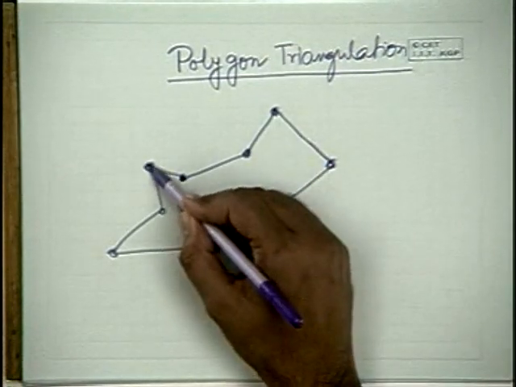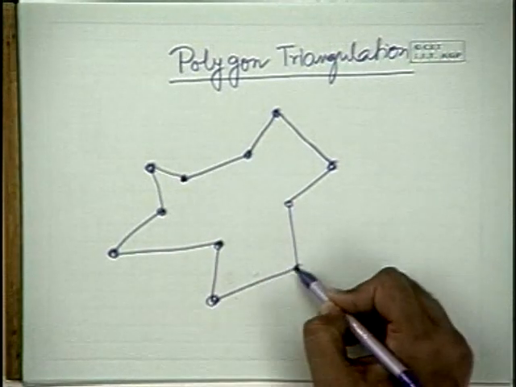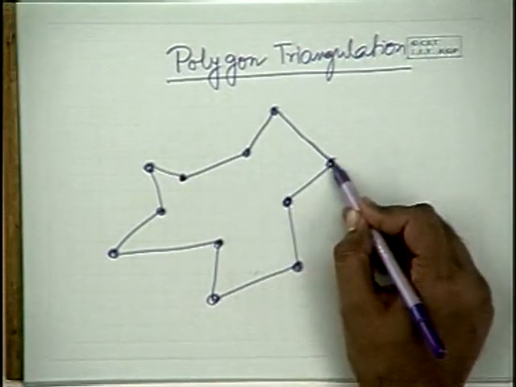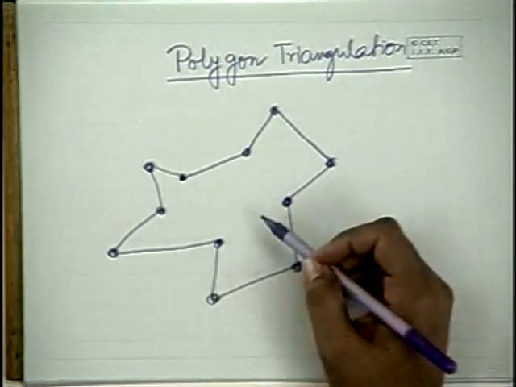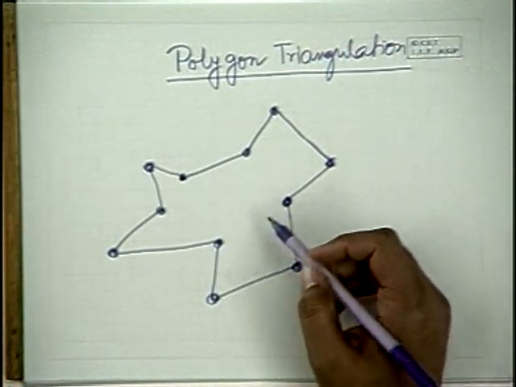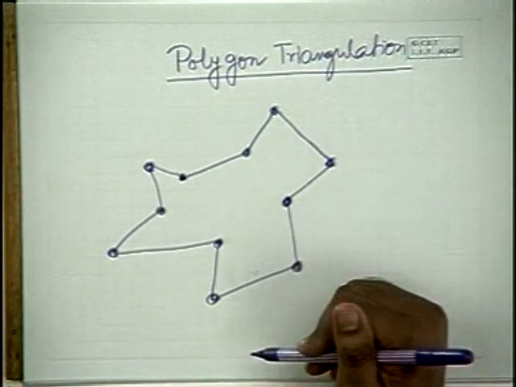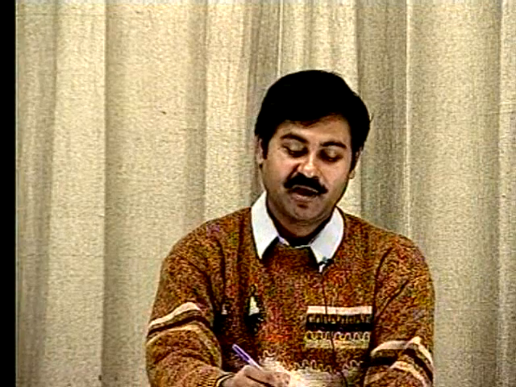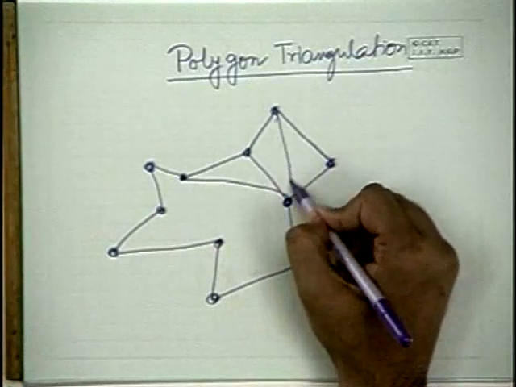Now one problem, it's a very practical problem. Objects are sometimes represented within the computer as a polygon, 2-dimensional objects. Suppose you have been given a 2-dimensional object and we would like to triangulate this object. Why? Because triangulation gives simple pieces of the object. Triangulation means I want to break up this entire polygon into triangles.